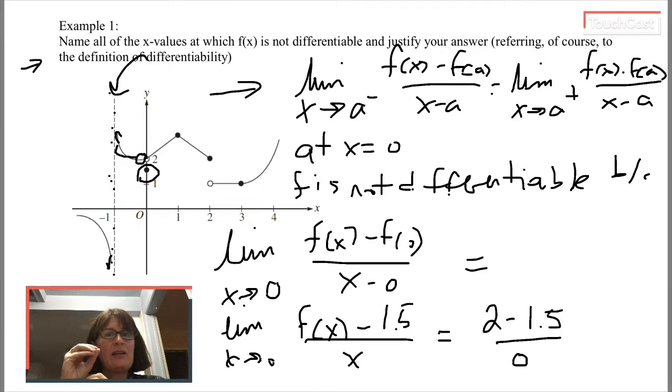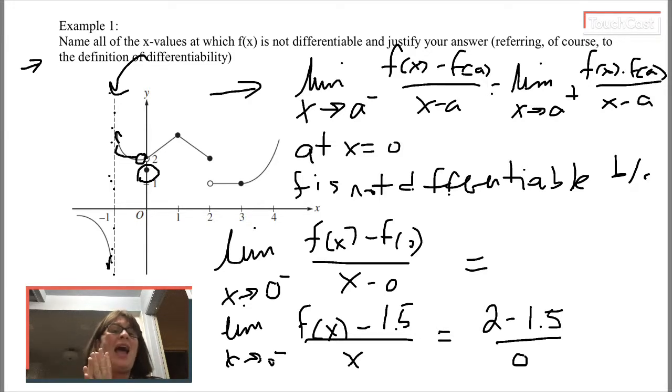But 0.5 over 0 is not indeterminate. 0.5 over 0 is undefined, and this limit is now undefined. So the limit as x approaches 0, I didn't specify, but I was thinking about 0 from the left, is undefined. So is it going to equal the limit from the right? No. So the limit has to exist before it can equal some other limit.